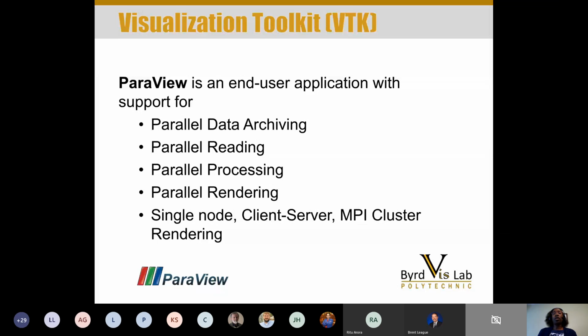We will do some hands-on loading of files and looking at some things to get you familiar with the application. Like I said, it's a very powerful package. You can do a lot of things with this. You can install it on a server. You can use MPI clusters for rendering. It is a very robust application.